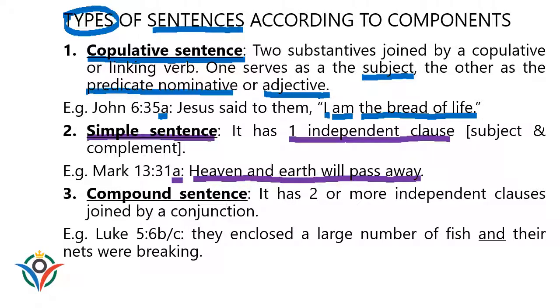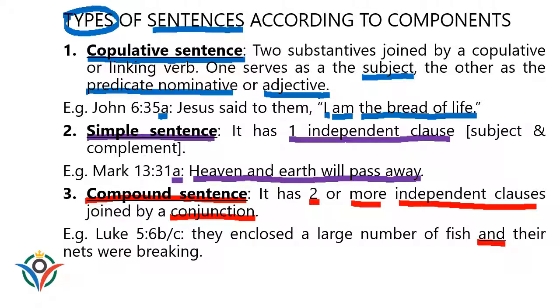The third type of sentence that we get is the compound sentence. It has two or more independent clauses joined by a conjunction. So in this example, the conjunction is "and" and the example comes from Luke 5, verse 6.